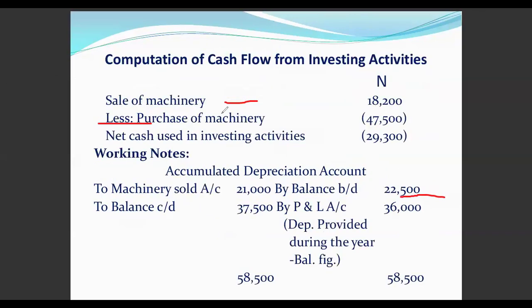We have purchase that is 17,500 and we have income 18,200. So we have negative cash flow of 29,300 from investment activities. I'll again go through the numerical.